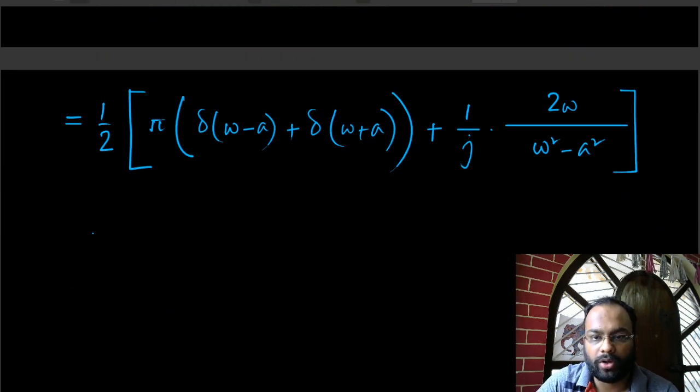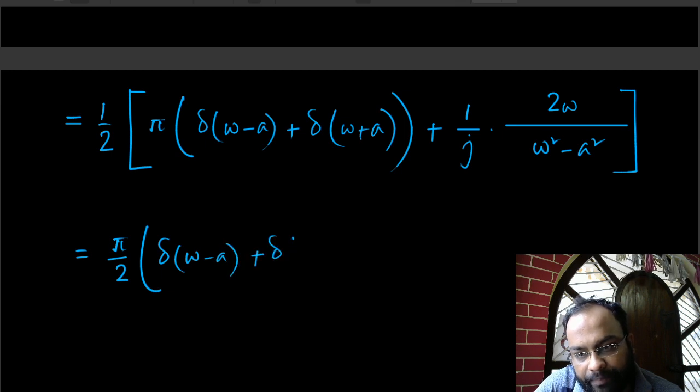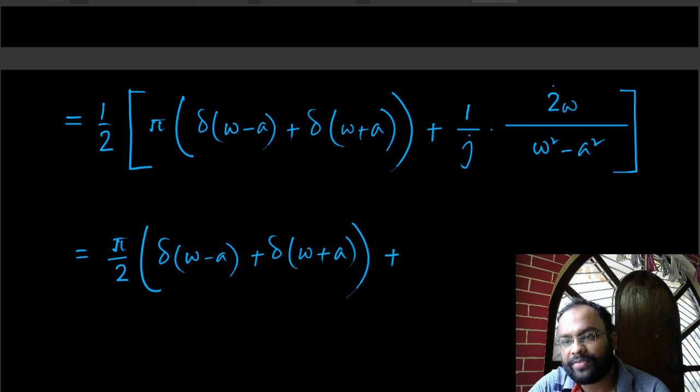All right, so let's put the half here. So I have pi by 2 delta omega minus a plus delta omega plus a, plus this half cancels out this 2, and this 1 by j can be written as minus j, because this 1 can be written as minus j square.